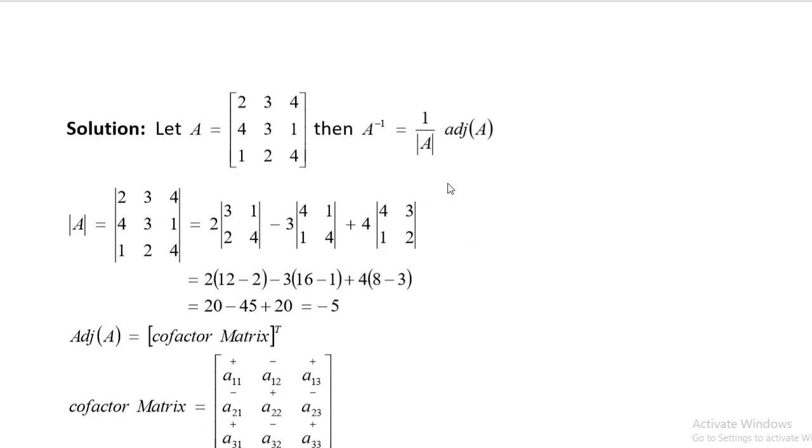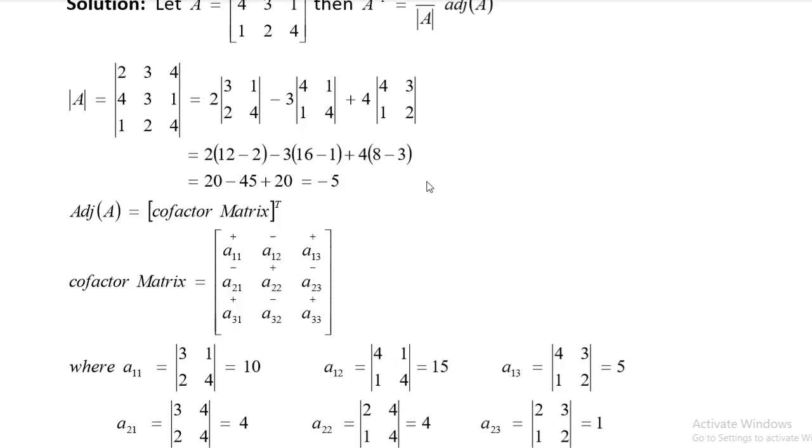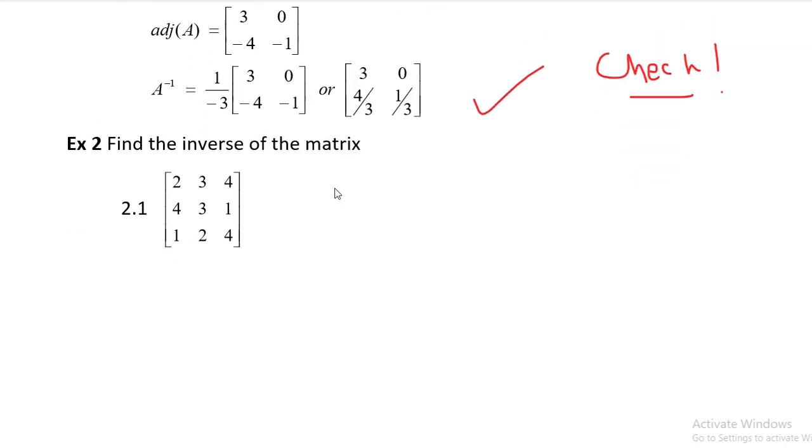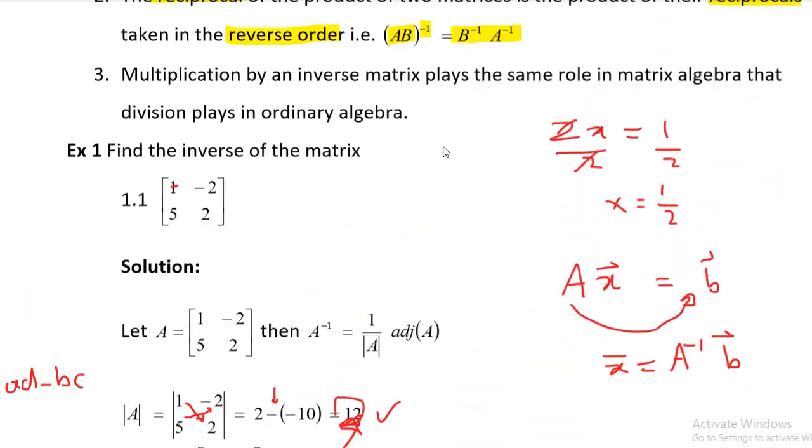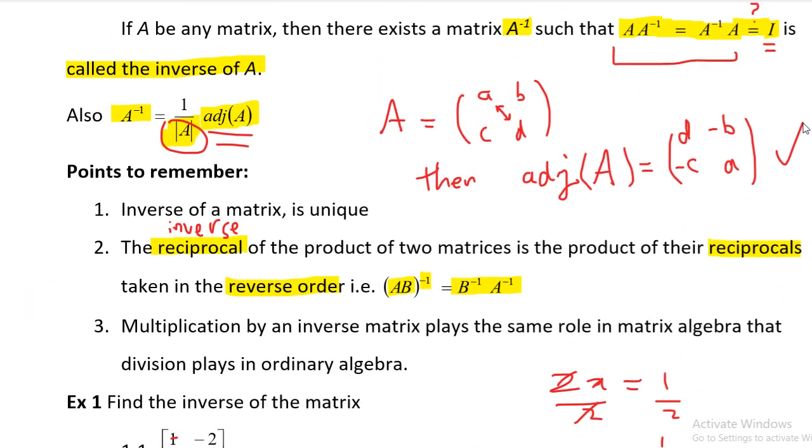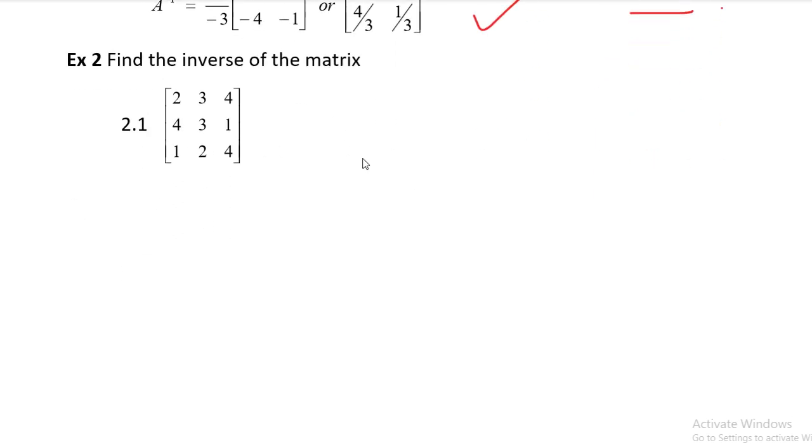Now, finding the inverse of a 3 by 3 matrix. I said for a 2 by 2 matrix, adjoint is very easy. We can remember it. But for a 3 by 3 matrix, adjoint is not very simple. What is adjoint? You remember we defined the cofactor, right? So if I replace every number by its cofactor, what is the cofactor of this 2?